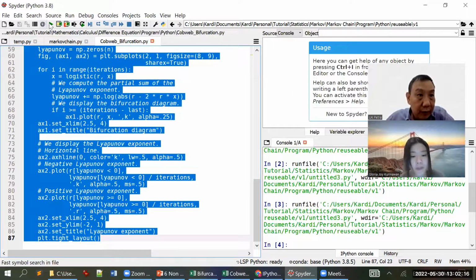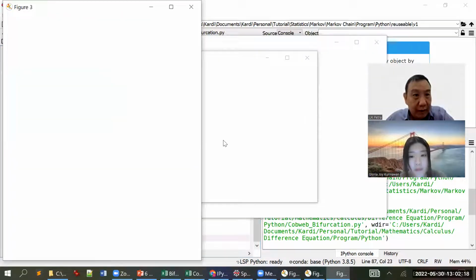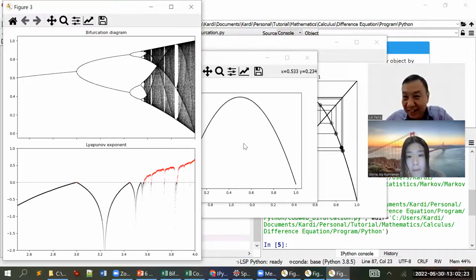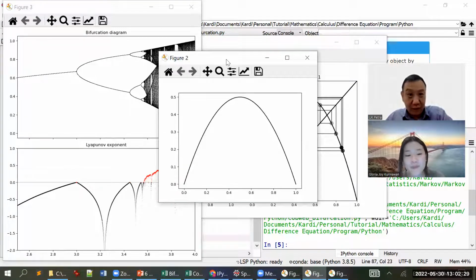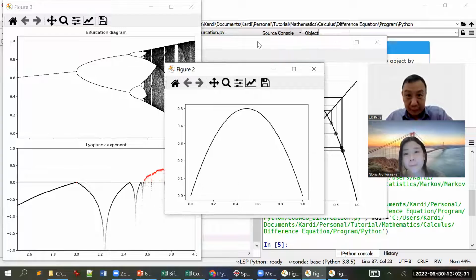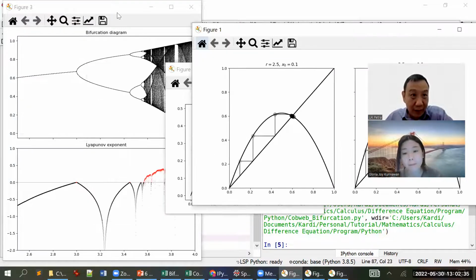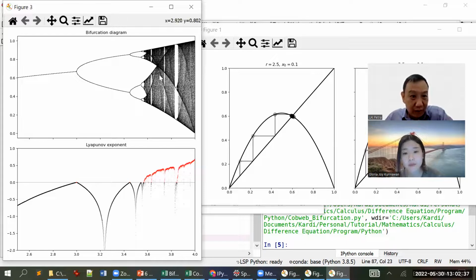If you look at it, it will be like this. So we will learn about this. This is called the logistic function, and this is called the cobweb. And this is called the bifurcation diagram. And this is the Lyapunov exponent. Later we will discuss it in the slides.